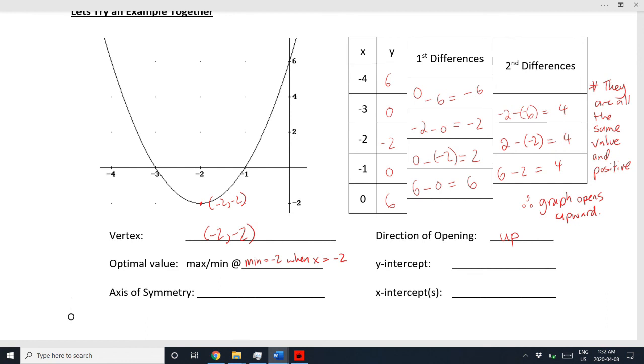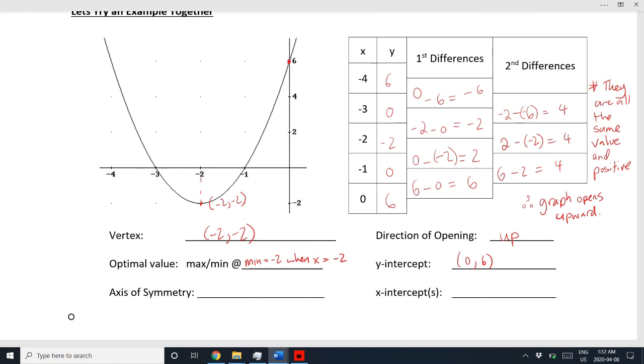What is our y-intercept? Where does our parabola cross the y-axis? It occurs at one point right over here. And we can state the value for this, which is going to be (0, 6). The next thing we will look for is the axis of symmetry.